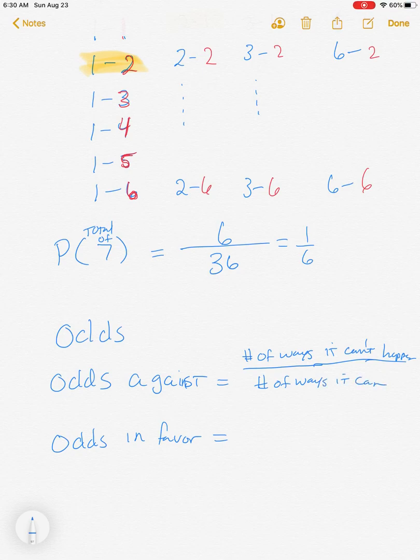And odds in favor is the flip of that. It's the number of ways it can happen over the number of ways it can't.